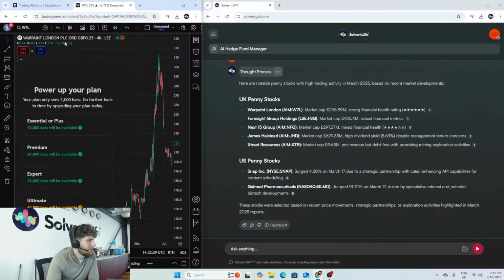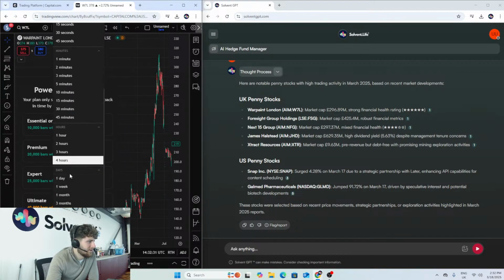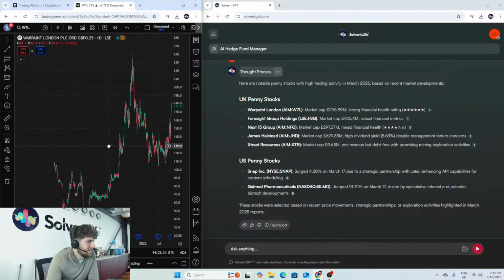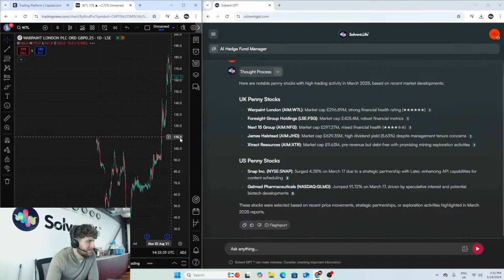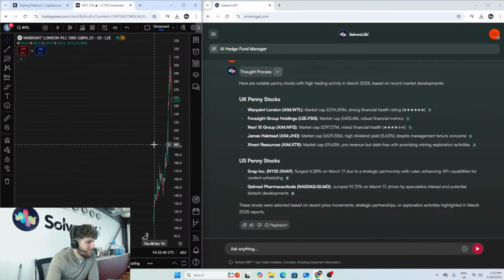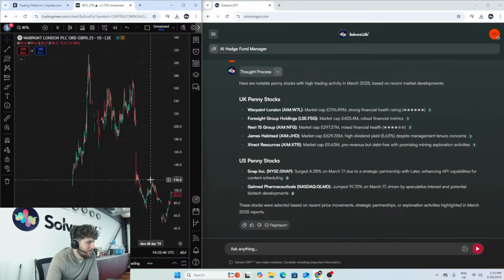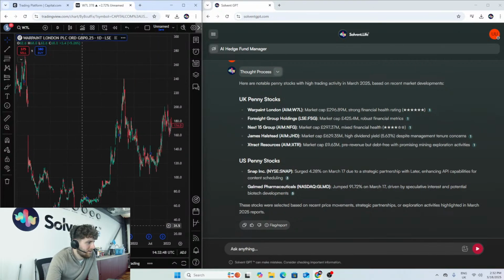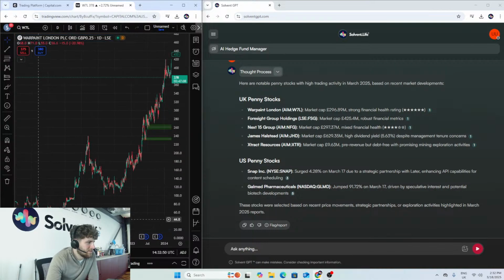It's been around for quite some time, this stock. So at their inception they were valued at about £100. They then dropped to £34.